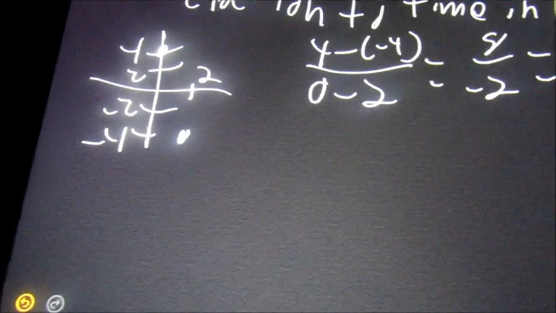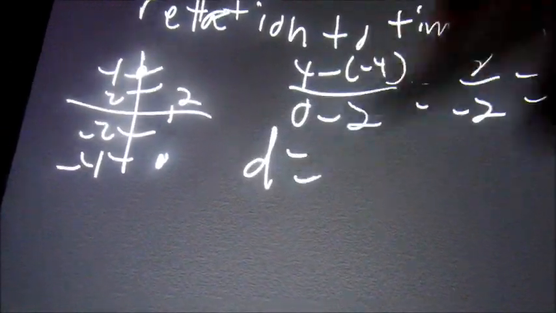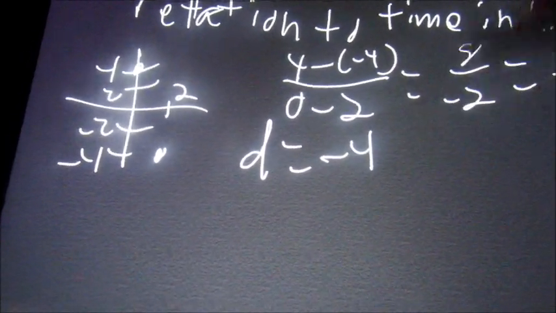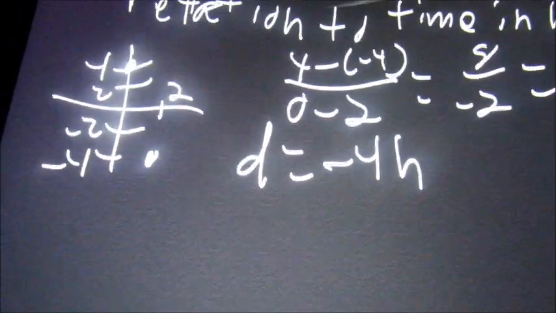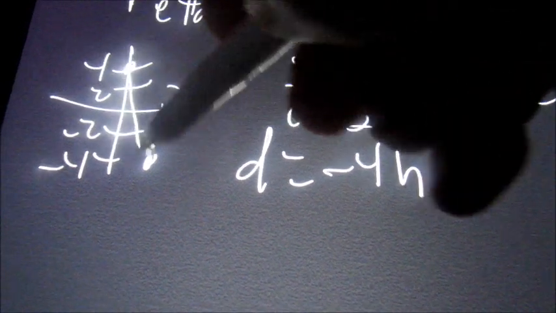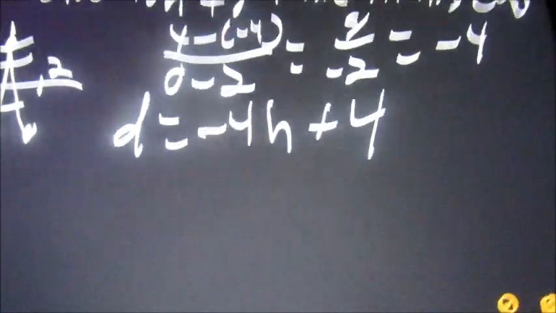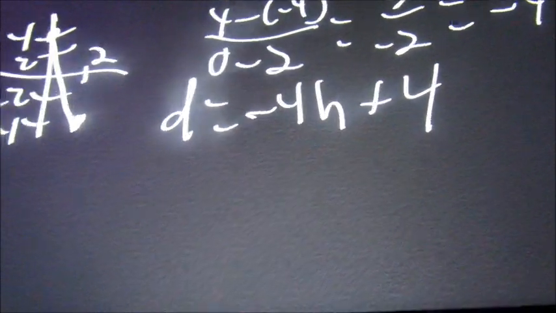So now it's going to be d equals -4h, and the line is at +4. So make sure you use the right letters. If you don't, it will mark you wrong.